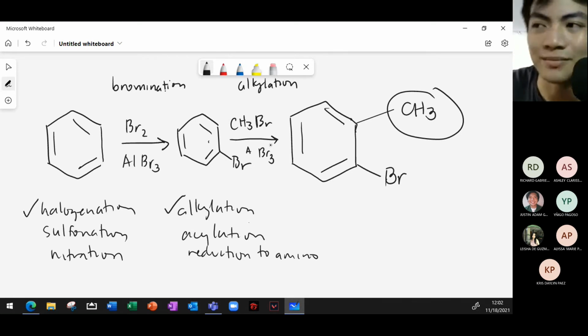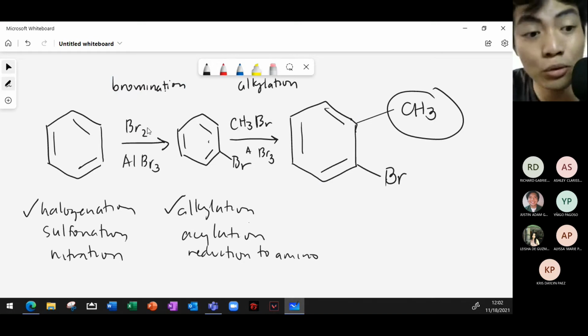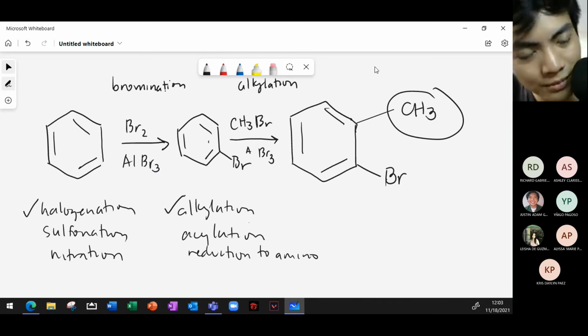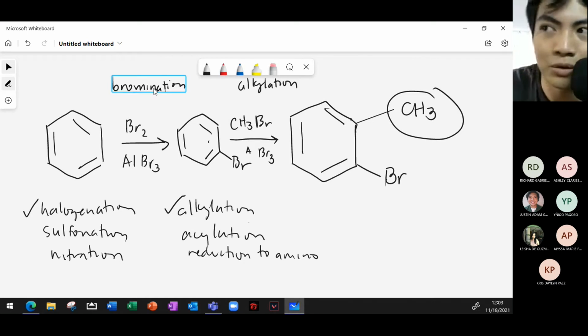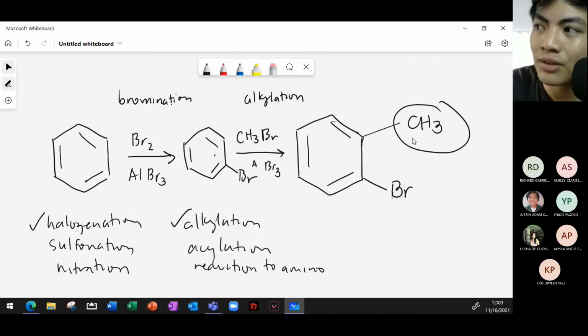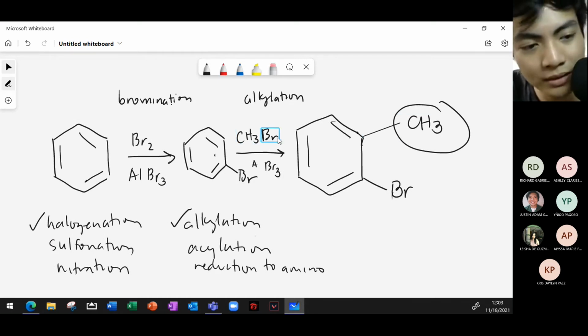Okay? So, yan. Pero again, kapag BS Chem, may correct sequence yan. Pero yan, okay na yan. Pwede na yung pagbigyan. Okay, so there are two steps in producing this product. The bromination or the halogenation and the alkylation. Okay, using methyl bromide. Pwede rin naman methyl chloride.